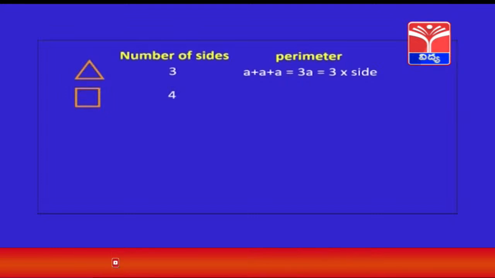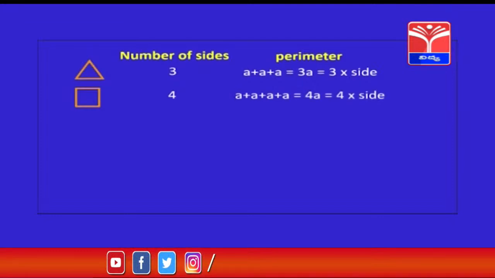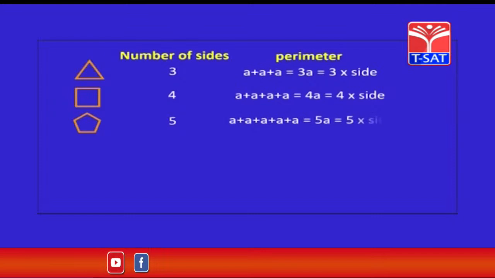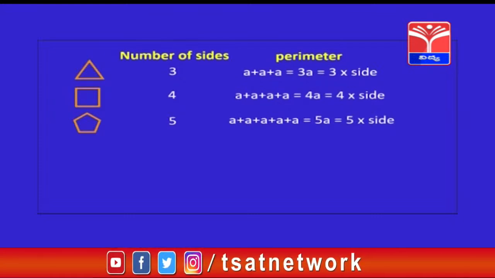Now all sides are equal and a units each. Then what will be the perimeter? Perimeter is 4 into side. Next one, how many sides here? Write this table in your notebook. Write number of sides here. Each side is a units. Then add all the units, you get perimeter. Now here the third figure, perimeter is 5 into side.